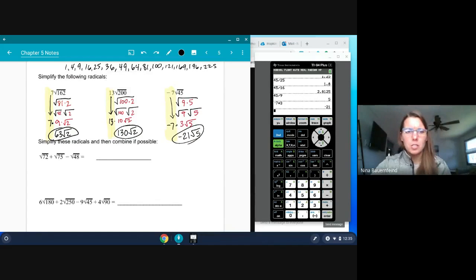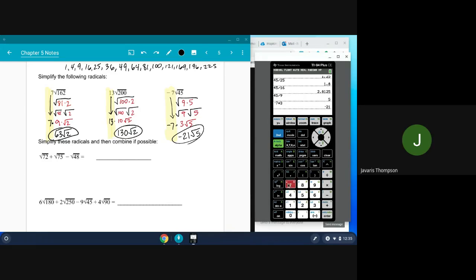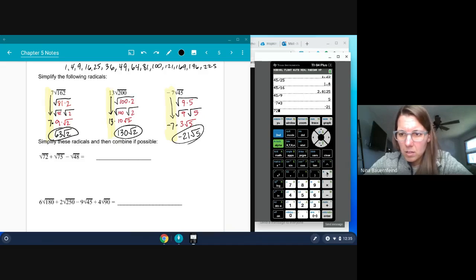What number is close to 72 but not over 72? 64. Okay. So 72 divided by 64, trash. 72 divided by 49, trash. 72 divided by 36, that one works.